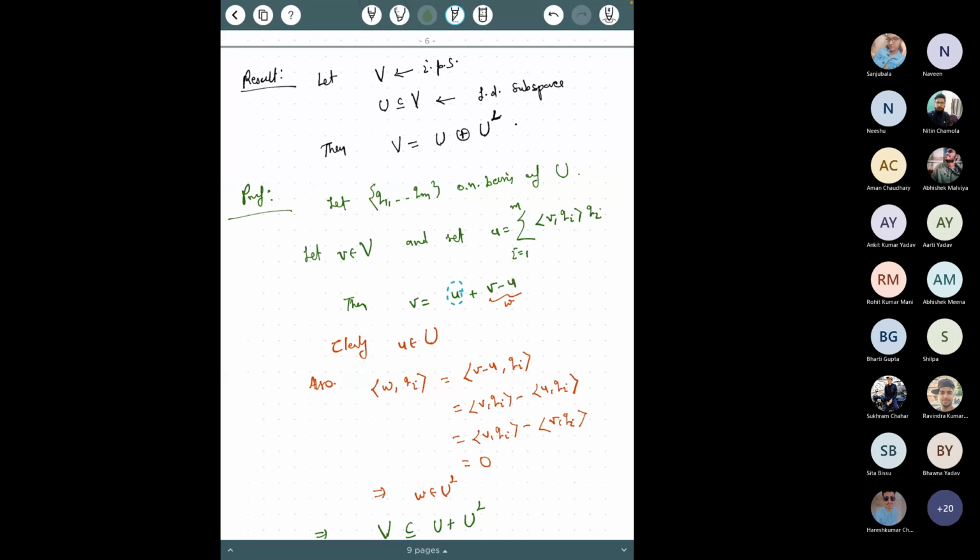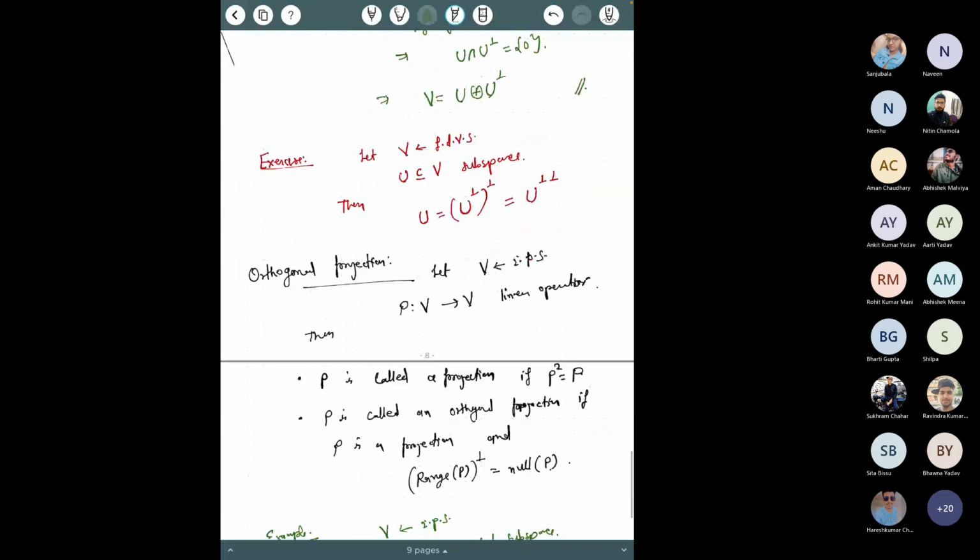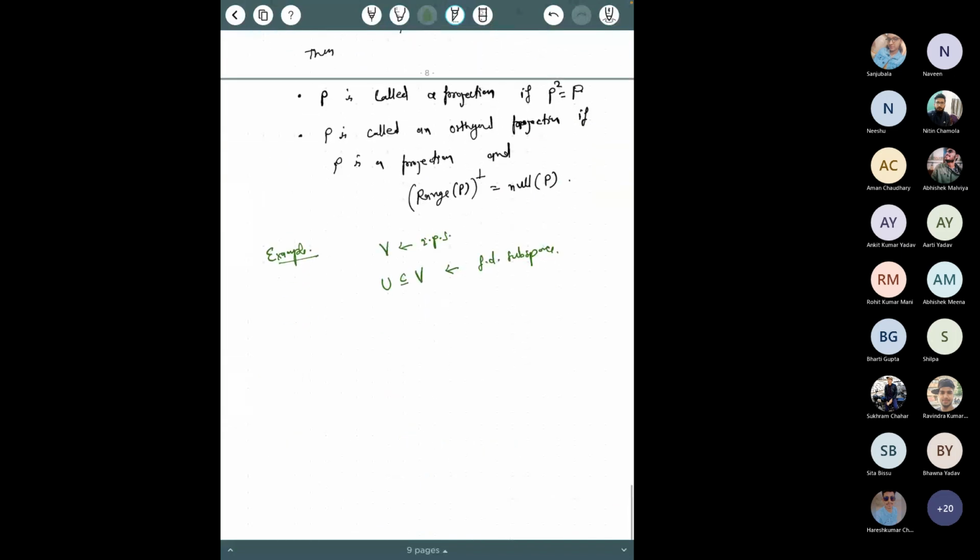Now you can change your inner product space, and you can take U to be any finite dimensional subspace. In this way, you can define orthogonal projection. If it is a finite dimensional subspace, then you can talk about its orthonormal basis. So let's say this is an orthonormal basis of U.